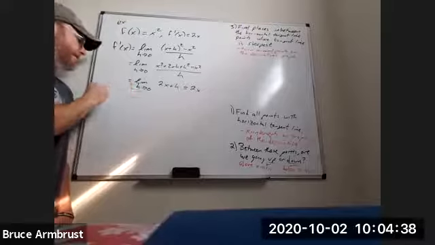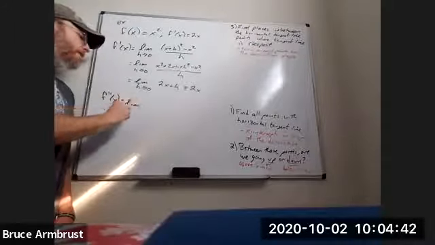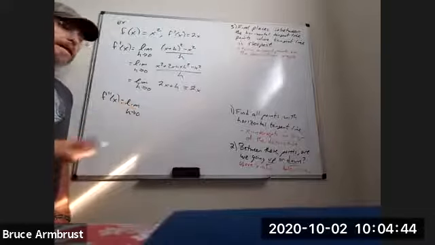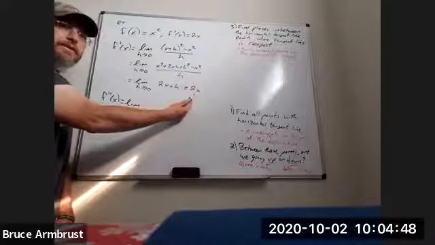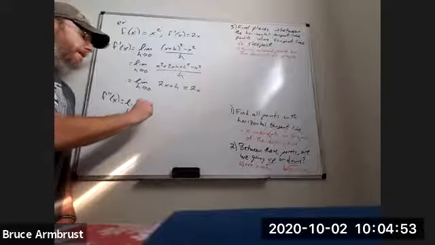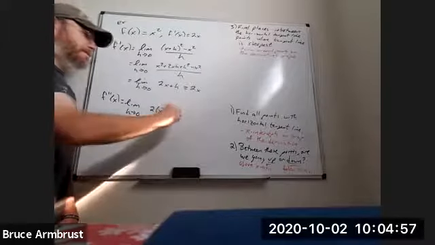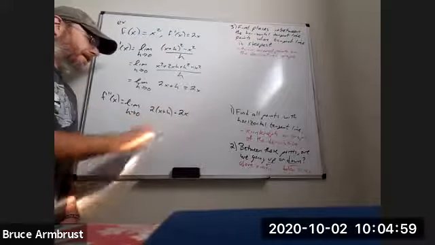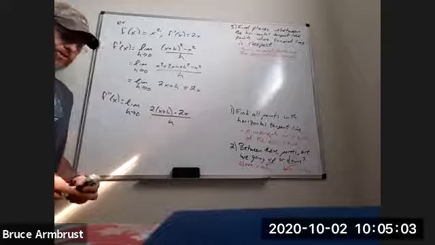Now let's get the second derivative. For the second derivative, that just means differentiate the derivative. Differentiate what we just found. So we're going to do the same thing where we plug in x plus h, subtract the original function, and then divide by h.